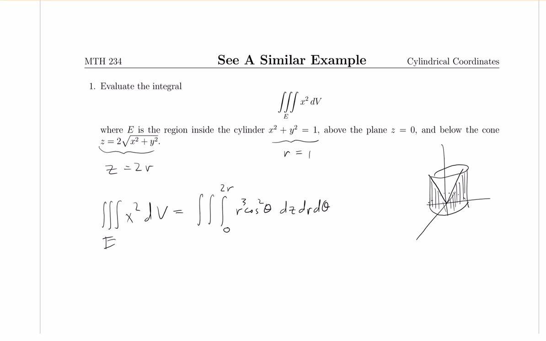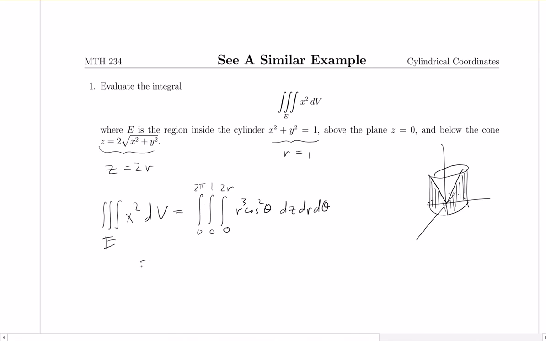And then the outer two integrals need to describe the shadow or the projection of the region down in the z direction, meaning onto the xy plane. So in this case, that's just the disk of radius 1. As you can see in the picture, the bottom of the region is that filled in circle of radius 1. So that's r goes from 0 to 1, and theta goes from 0 to 2 pi.